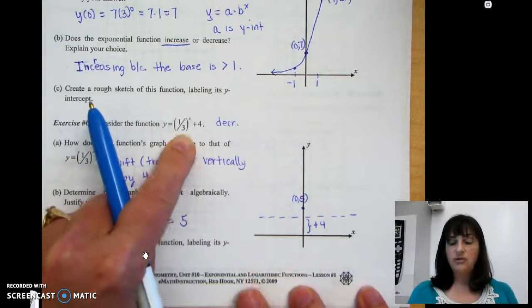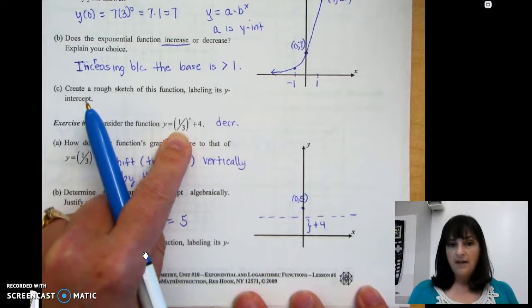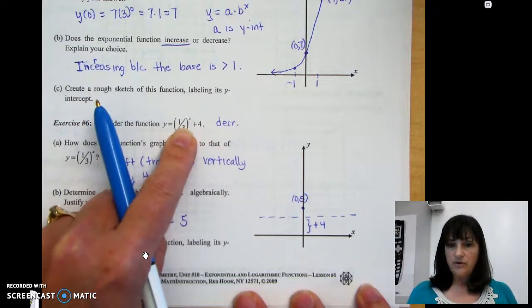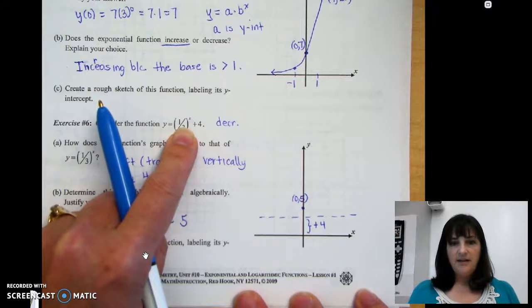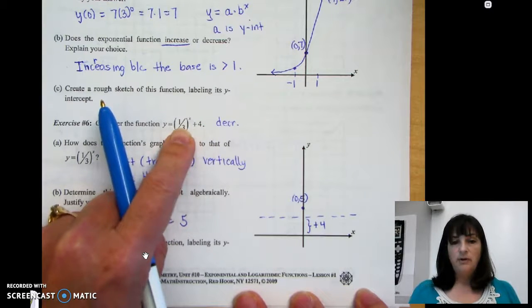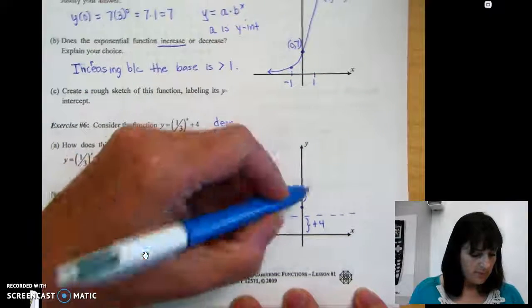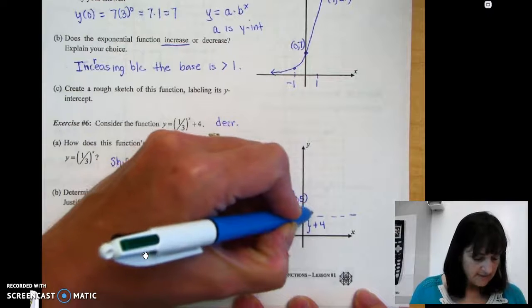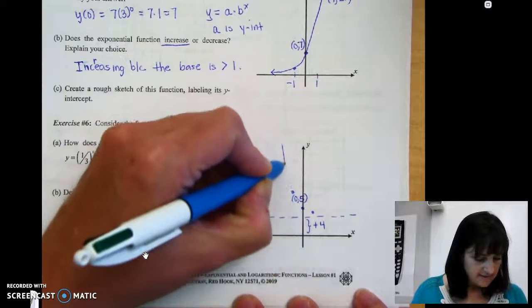And if I wanted to, we could plug in 1, and we'd get 4 and 1/3. And if I wanted to plug in -1, we would get 3 here, because 1/3 to the -1 is 3. Plus 4 is 7. So if we want to plot just a few more points, here we're going to be something like this.